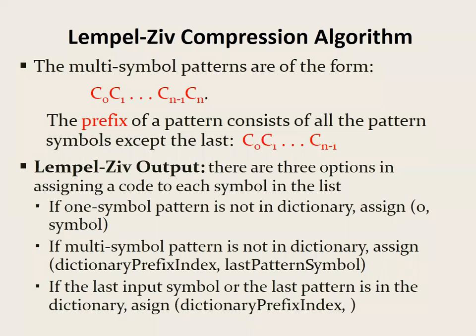But if there is a prefix, that means the symbol already exists within the dictionary. So in place of that symbol, we take its index. We combine the index of the prefix which exists within the dictionary with the last symbol we added to make the existing symbols unique.